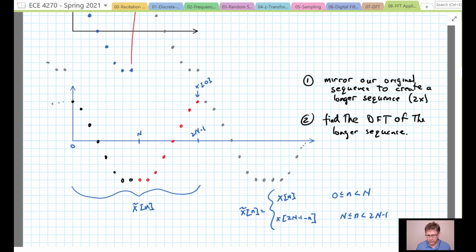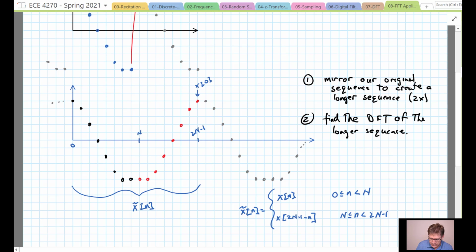This is a good time to point out that there are other ways of doing this replication. One of them is to not replicate the last sample. So in that case, if you had something like this, instead of replicating it that way, we would do it this way.